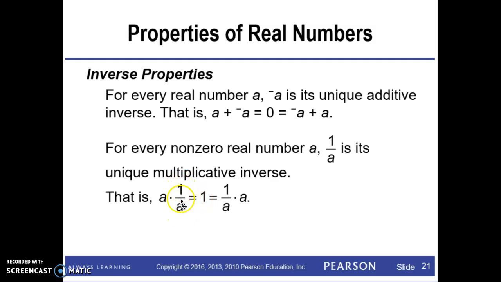The multiplicative inverse is the reciprocal of the number that I had before. And again, it doesn't matter which order it's in because of the commutative property. The opposite and the number, regardless of their order, either add together or multiply together to give you the identity, which you see right there in the middle.